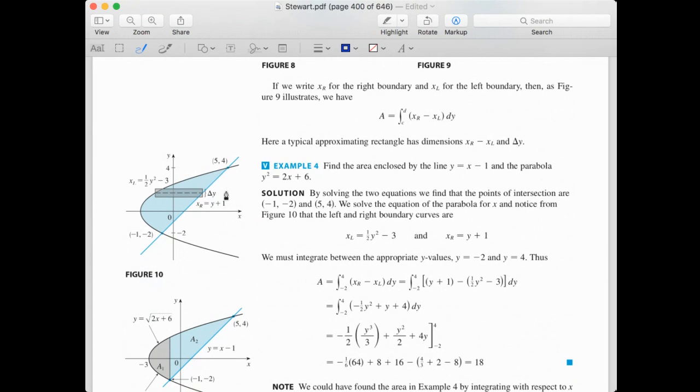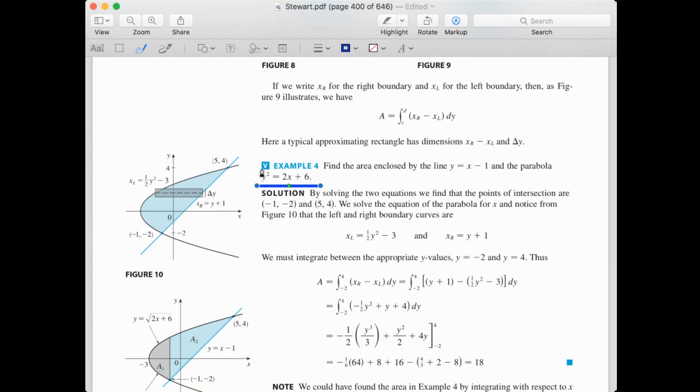Let's see. If we don't have this picture, we see this one is not a function of y in terms of x. Because if we take the square root, we get y equals plus the square root of 2x plus 6, and y equals minus the square root of 2x plus 6.